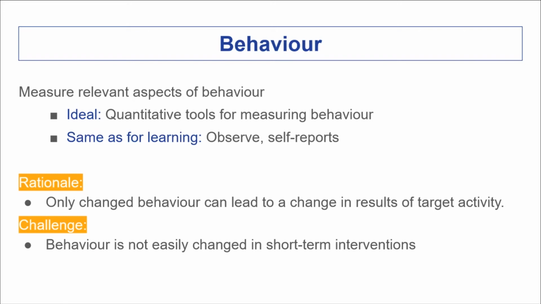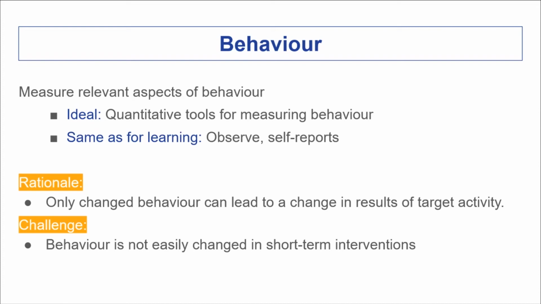The more finely defined and the more granular the behavior is that you want to observe, the easier it is. But for complex behaviors like behavior in conflict solving, for instance, it's not so easy to fully capture that, and it's not so easy to assess that.